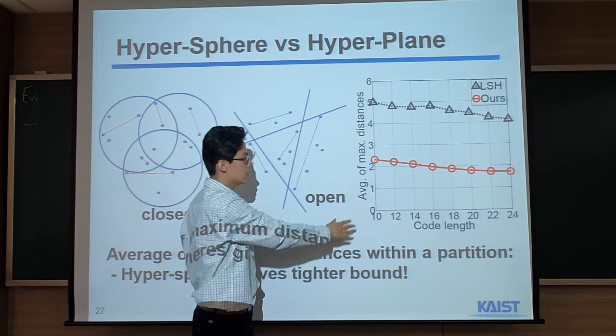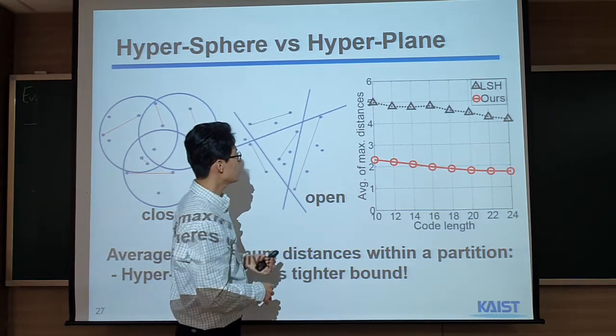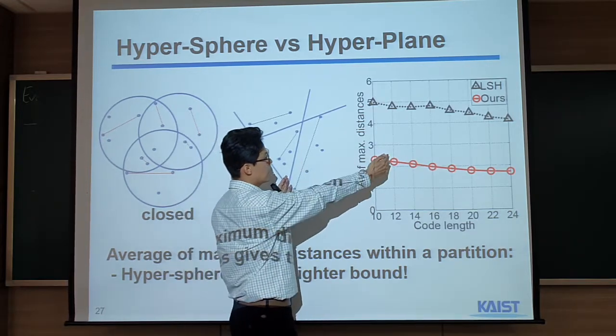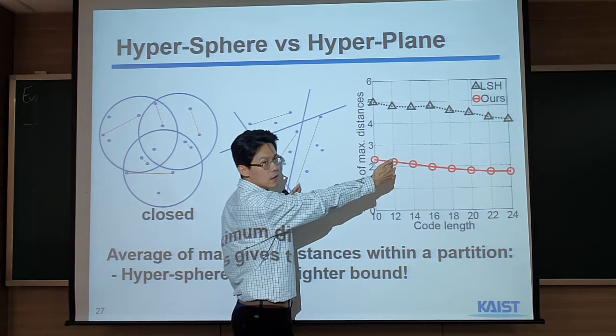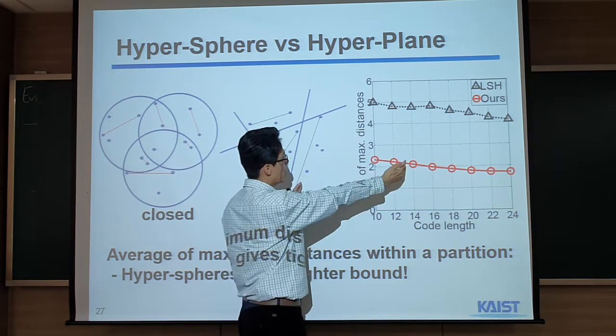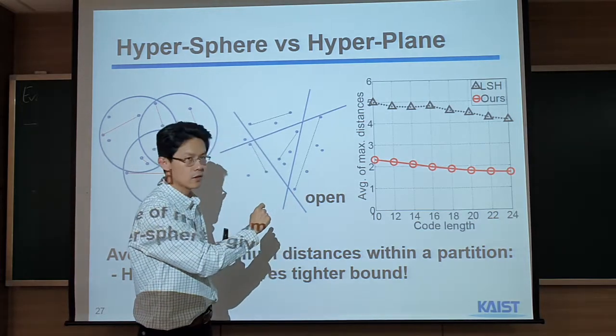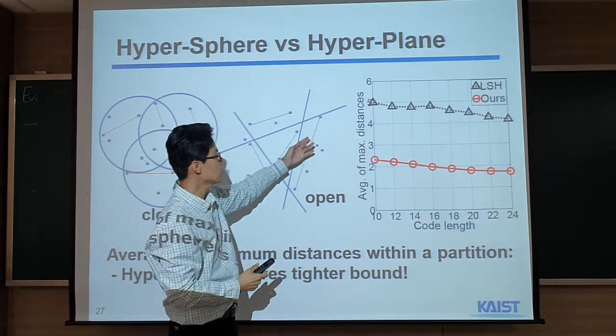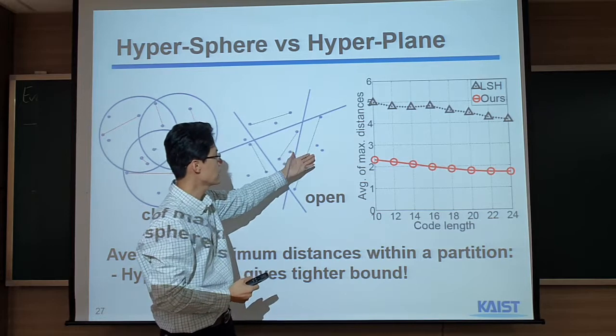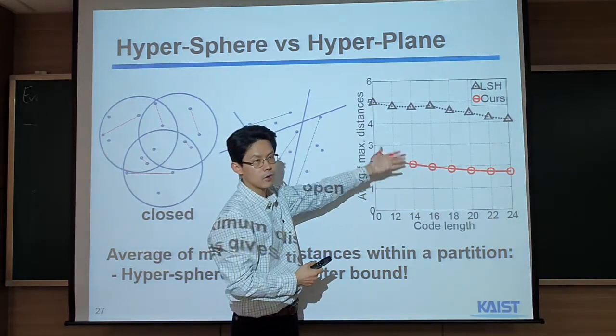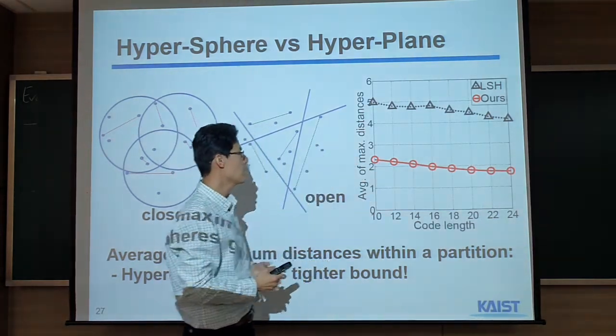Since it's open, there could be a lot of data located very far away, right? Even though they are very far away, they have the same bit value, which is actually bad. Some data is located there, some other data is located very far away from the prior one, which is bad.